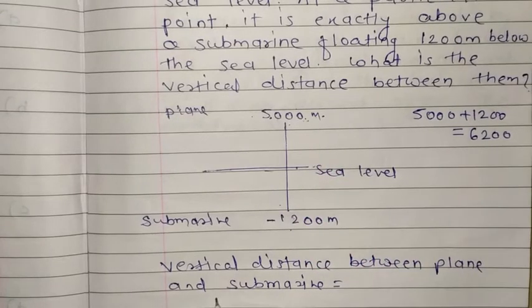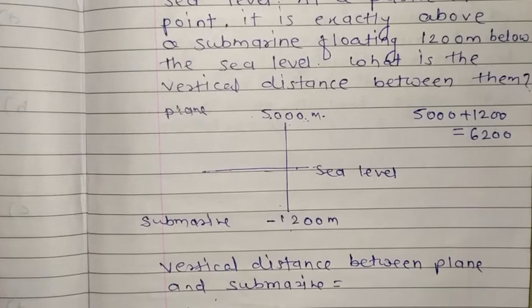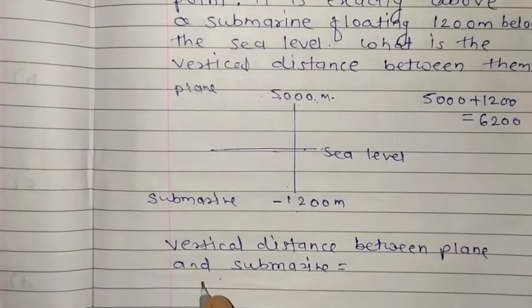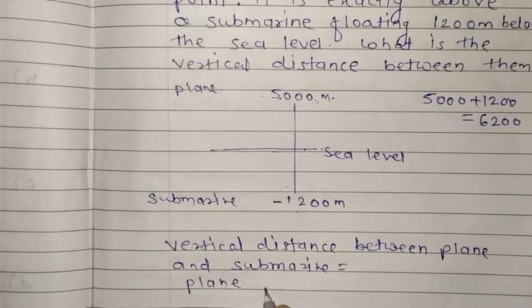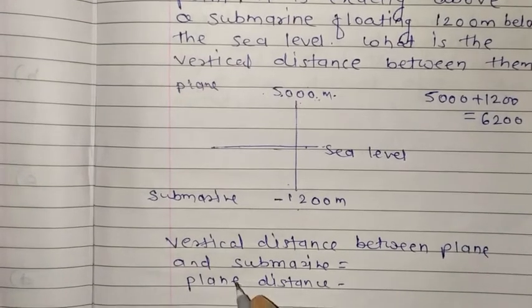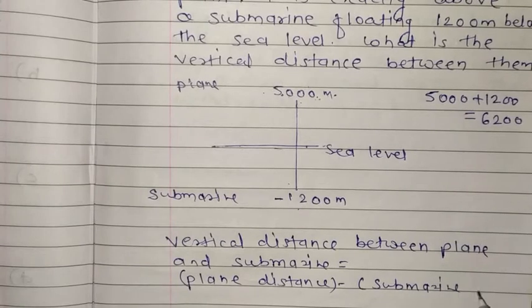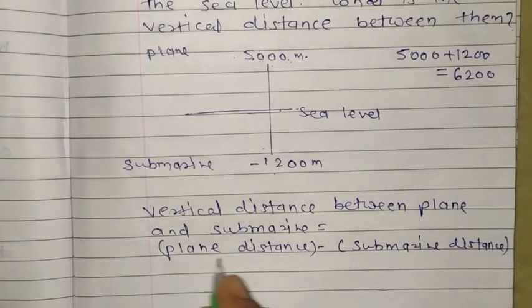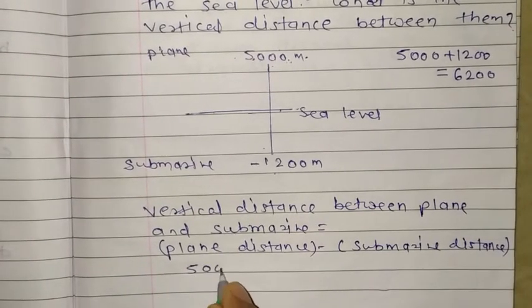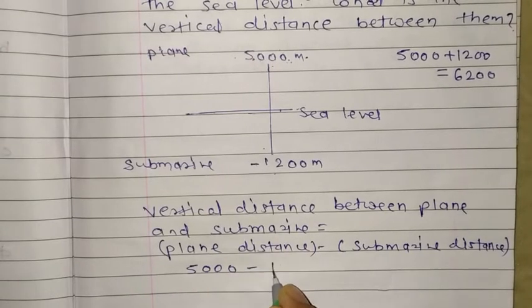So for calculating this, you can write here plane distance minus, you have to use minus symbol, and here submarine distance, and then plane distance is 5000 minus submarine is 1200 and it is minus.